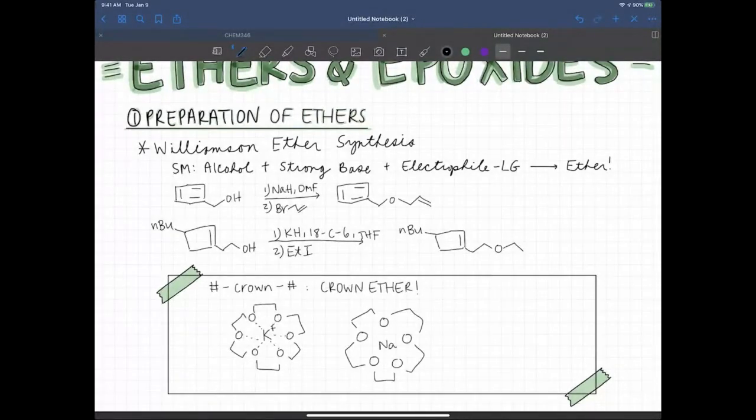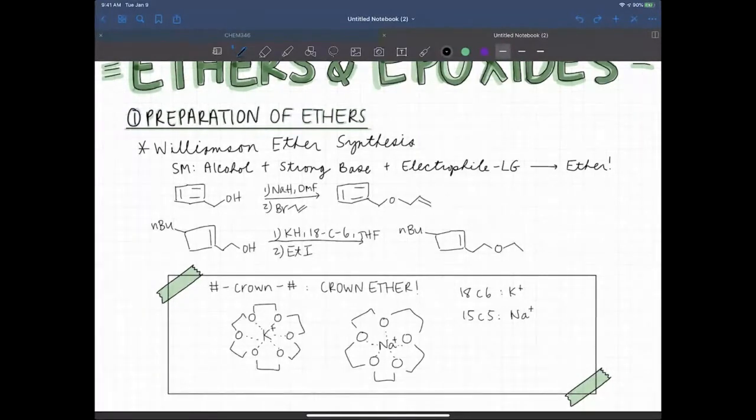And it solvates sodium. Okay, so 18 crown 6, potassium, 15 crown 5, sodium. It's unique like that because of its large internal cavity that you see here. So therefore, the potassium ion is able to go in there perfectly.